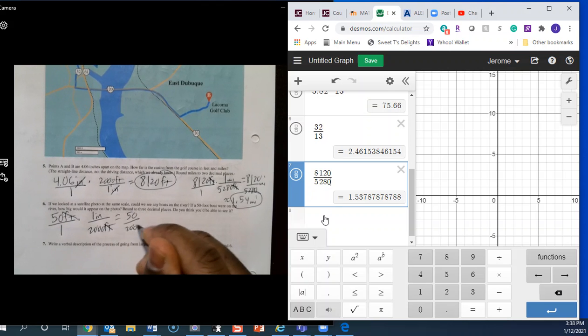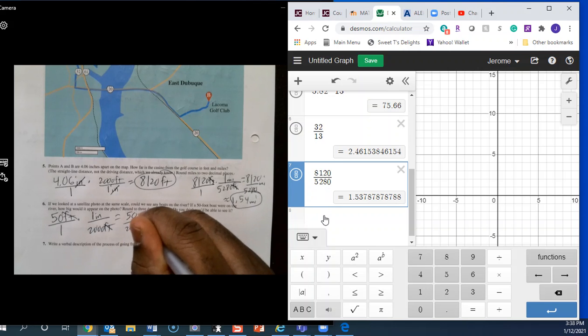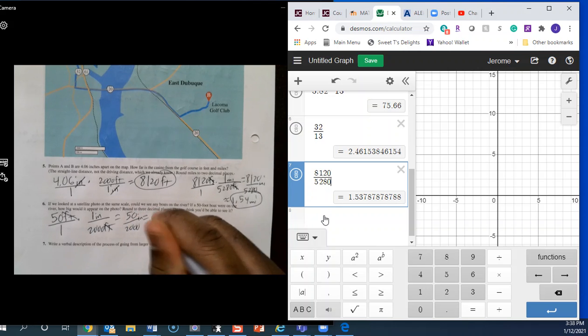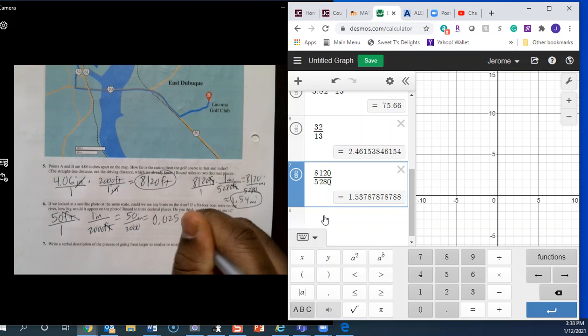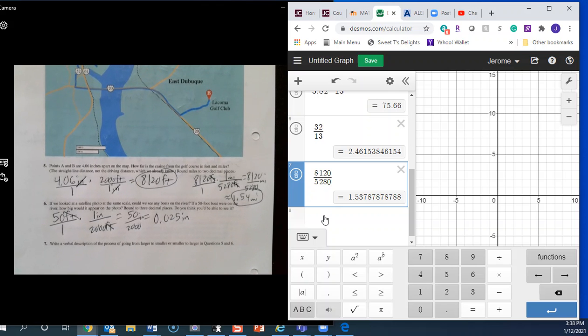It'll be 50 over 2,000, which is equal to, well, it should be inches here, which is equal to 0.025 inches when you put it in your calculator. Now remember, this is what it will appear on the photo.